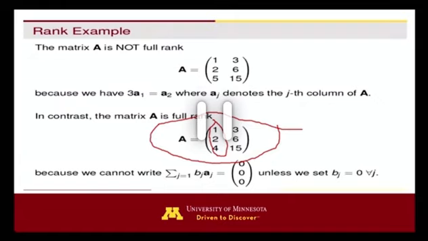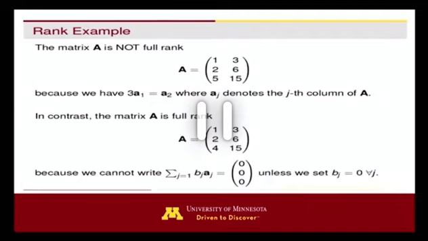Now, if you take a look at the next one, we cannot write the summation of b_j a_j equal to 0 unless we set b_j equal to 0. Whenever you see something like that, let me circle that. That notation means for every j.